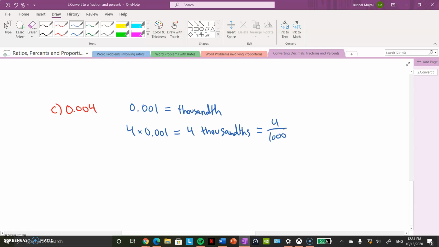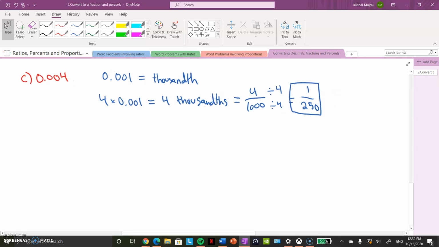Okay? Now we want this to be in a fraction and in a percent. So to simplify this fraction, divide by 4, divide by 4, this equals 1 over 250.